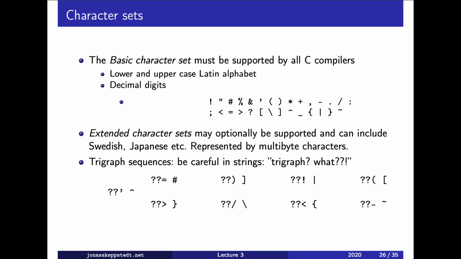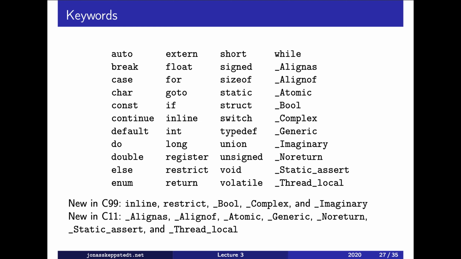I think it took less than 15 minutes to add it to the compiler that I have been using since I was a student at LTH, and I mean, I created it when I was a student, and so it's very trivial, but it's not portable.